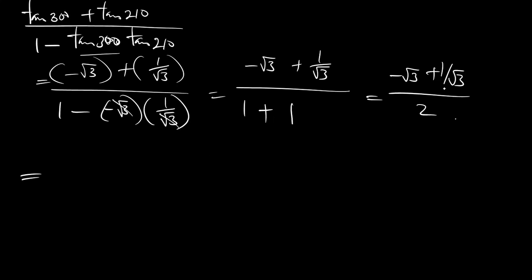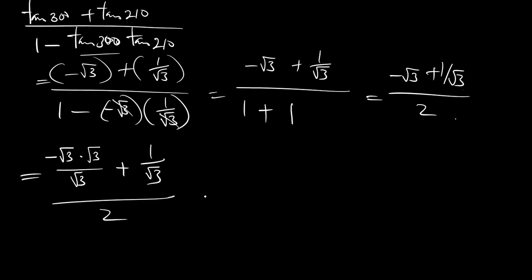Now, if you want to factorize this, we can just say root 3 is the same thing as multiplying root 3 to it, then dividing by root 3. So this divided by this is still 1. It's just like multiplying 1 to root 3, then plus 1 all over square root of 3 divided by 2.